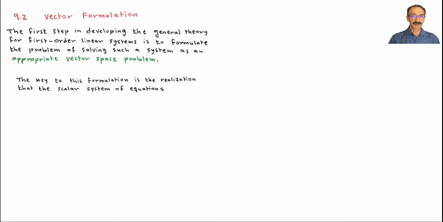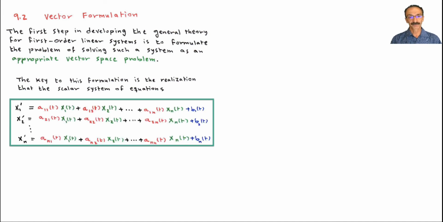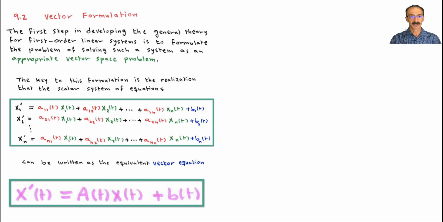The key to this formulation is the realization that the scalar system of equations, which was given earlier, looks like this, and can be written as the equivalent vector equation x prime equals A of t, that's the coefficients, x of t, that's the variables, plus b of t. If you remember, we had this a while ago, the way we write it.